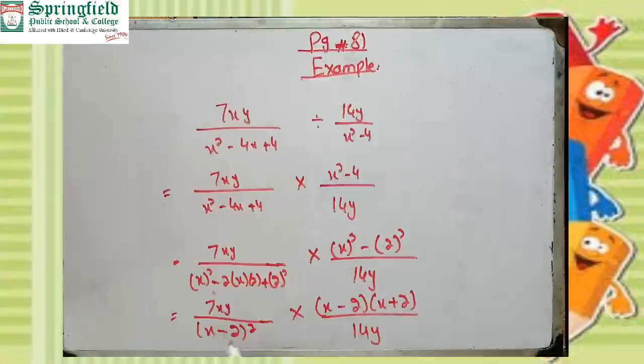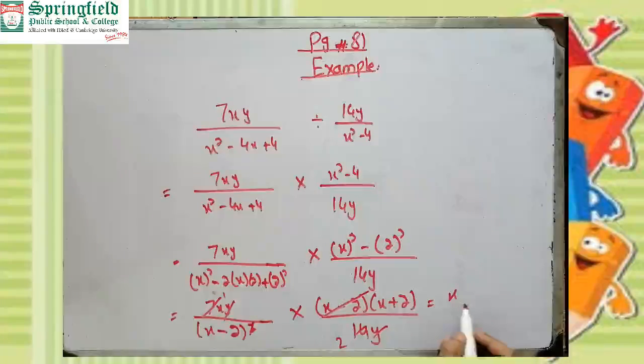14y. Since they are multiplied, we can use the cancellation property. Here x minus 2 is squared, so it is there two times, and we cancel it once. 7 ones are 7, 7 twos are 14. y can be cancelled with y.